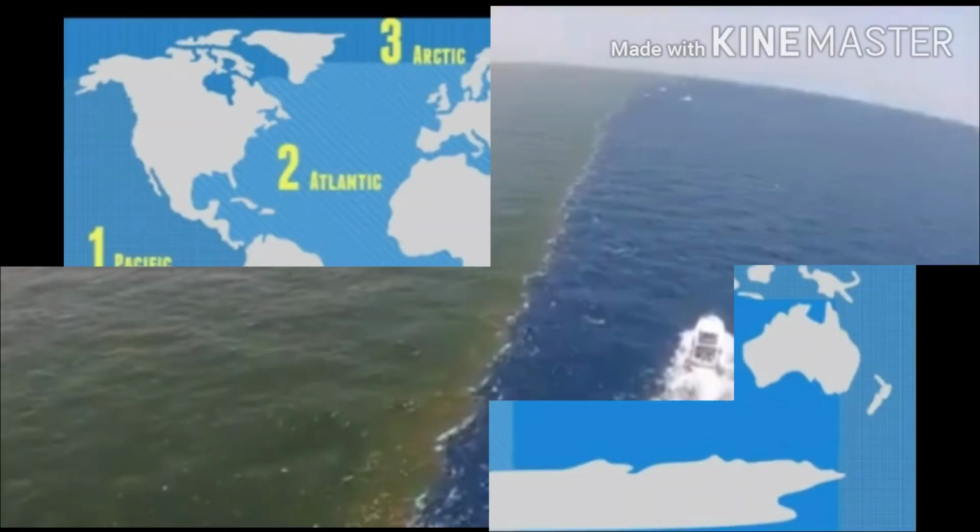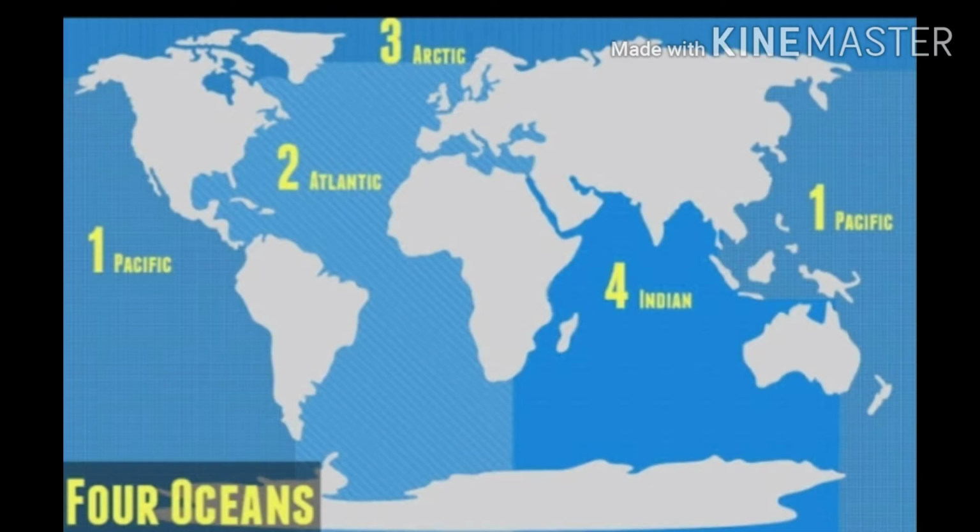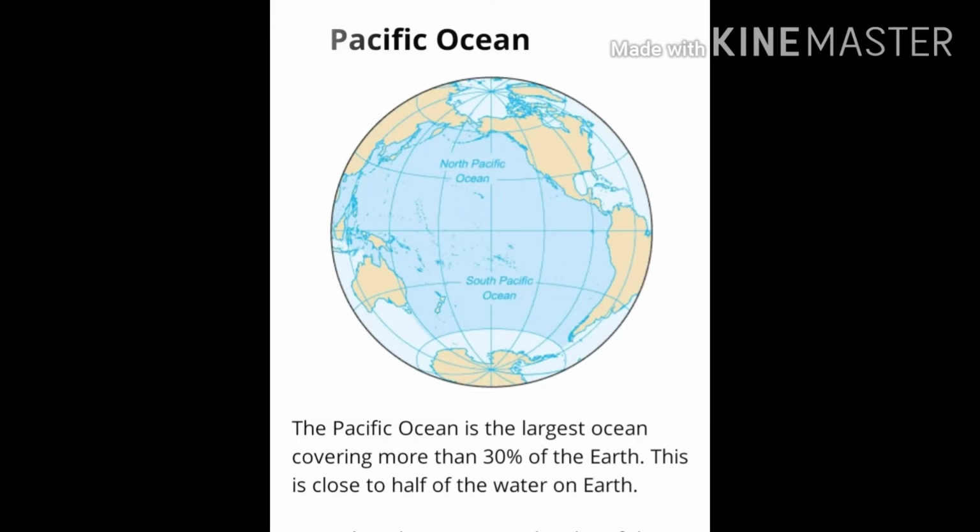The four major oceans are the Pacific Ocean, the Atlantic, the Indian and the Arctic Ocean, and together these cover more than 90% of the total area under water. The Pacific Ocean, as you know, is the largest ocean of the world. It spreads over almost 1/3 of the globe.